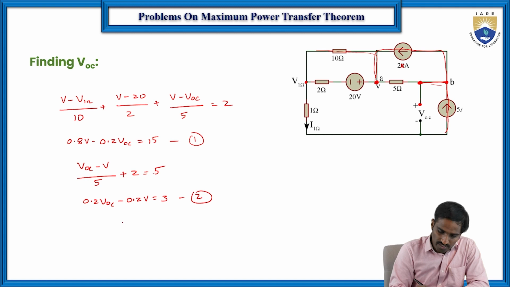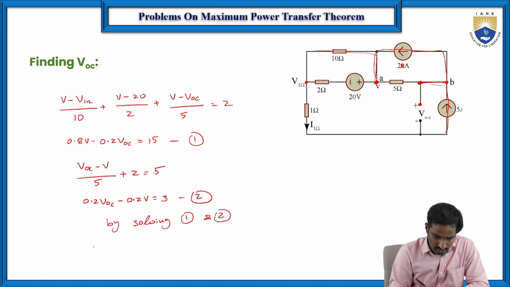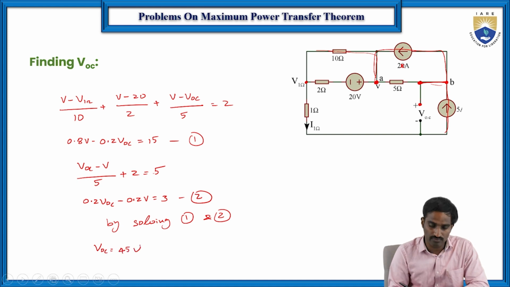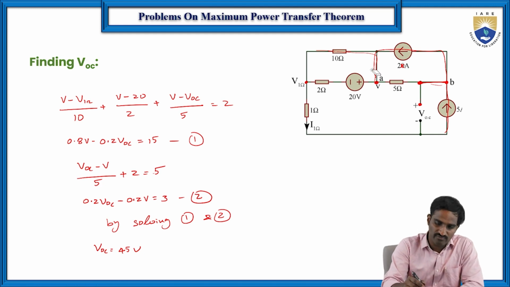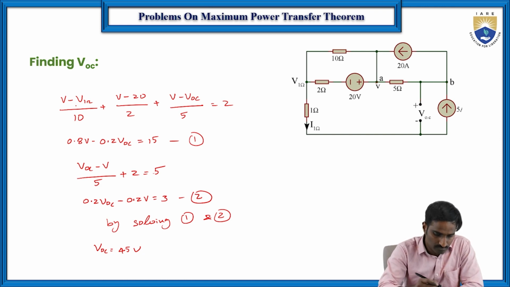By solving equations 1 and 2, VOC is equal to 45 volts. The key thing is, let me explain once again how we have written these two equations. In the first equation, V minus V1 volt.